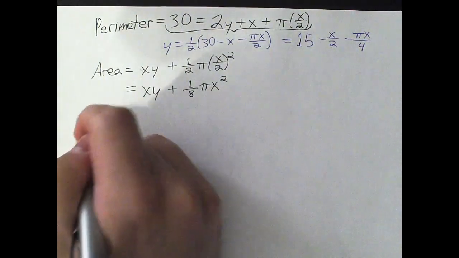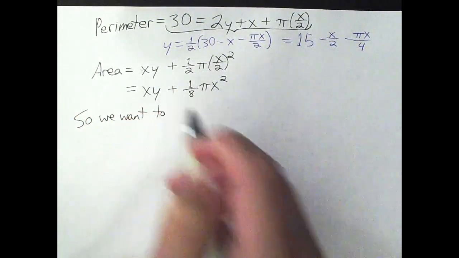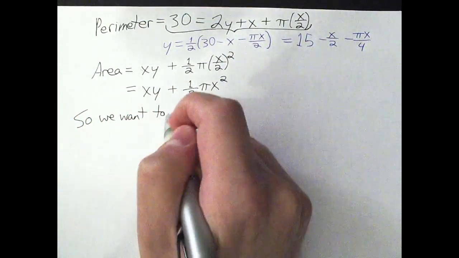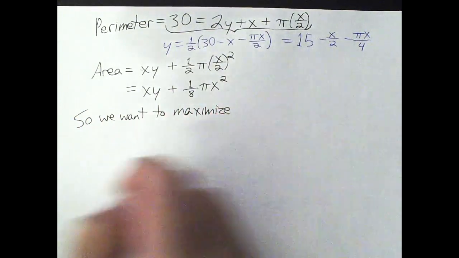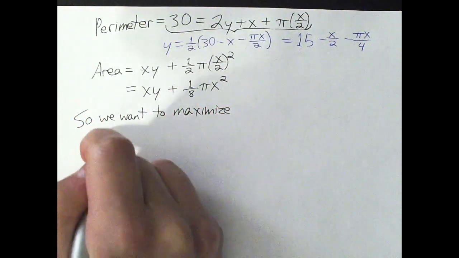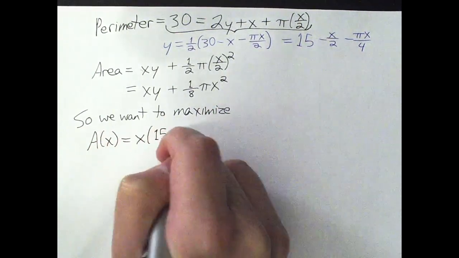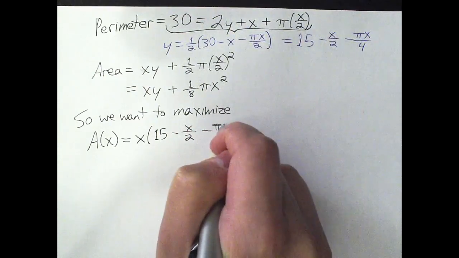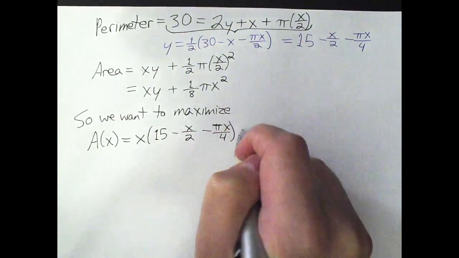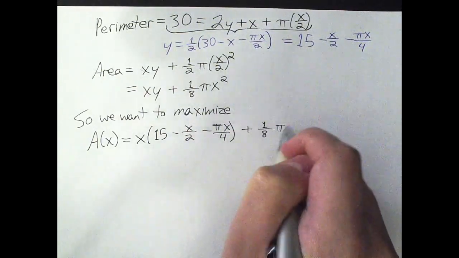All right, so we want to find the maximum. In other words, we want to maximize the function. The area A of x equals x times, let's put this in for y, plus 1/8 pi x squared.